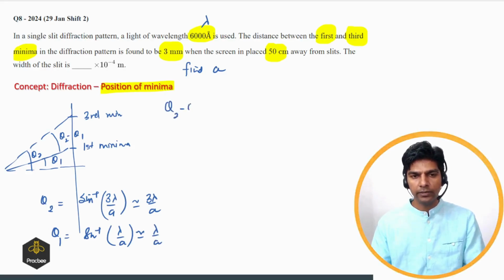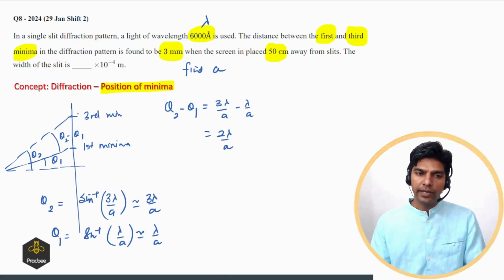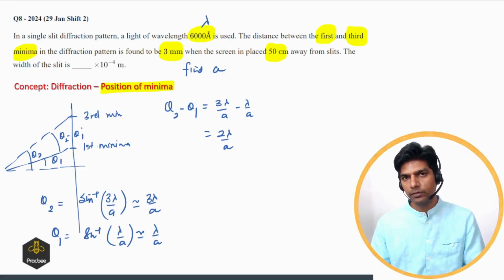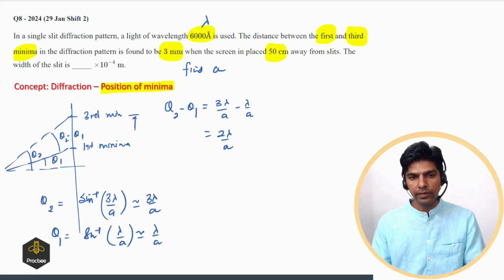So theta 2 minus theta 1 will be 3 lambda by a minus lambda by a, so it will be 2 lambda by a. So we got the angular spread from first minima to the third minima. Now we can find the linear distance between these two minima. Let me call this as y.